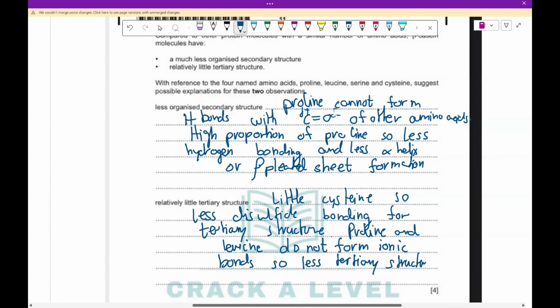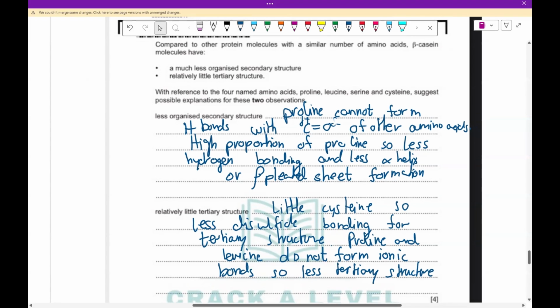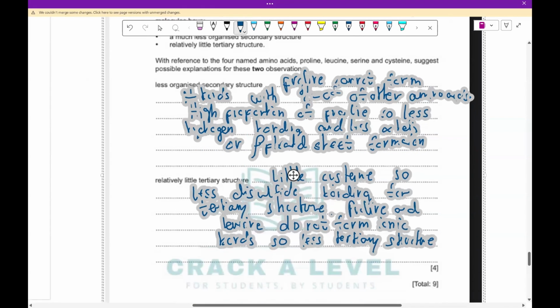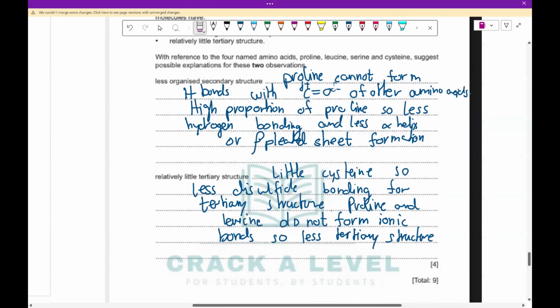And the only thing tertiary structure is dependent on is hydrophobic R groups. Hydrophobic interaction. This is an extra point. I think that was sufficient.